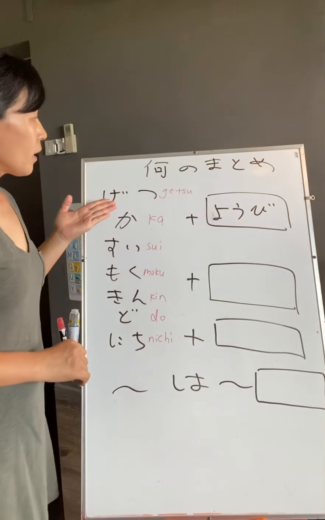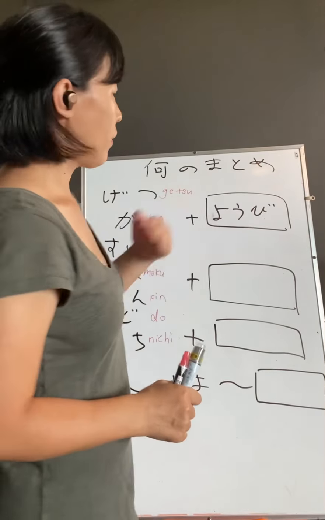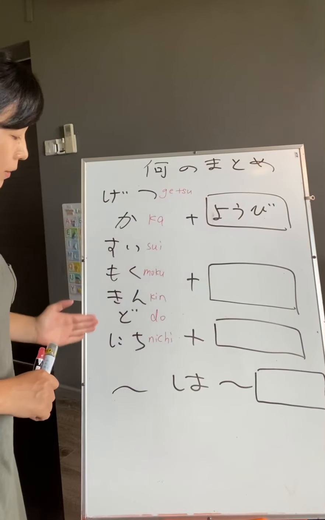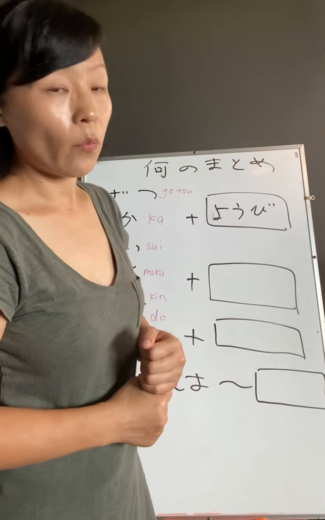So for day of the week, 曜日ね、曜日 day of the week. Those hiragana plus 曜日 becomes the 7 days of the week.